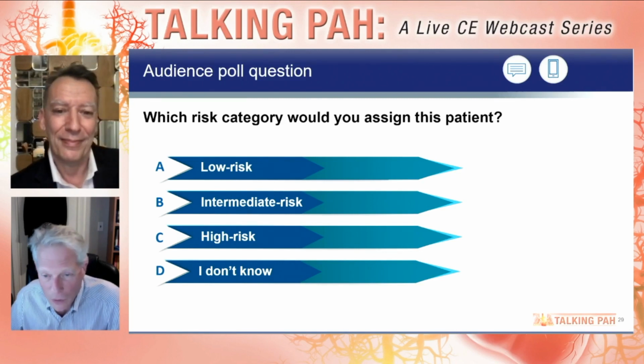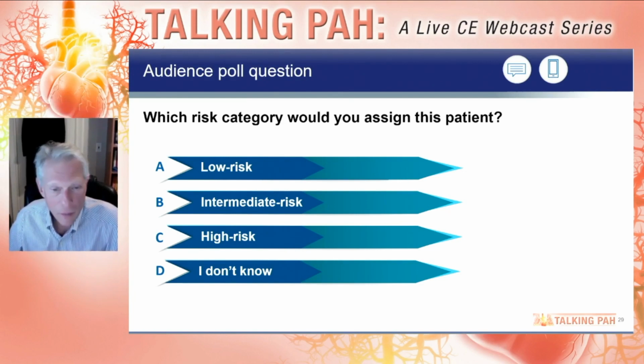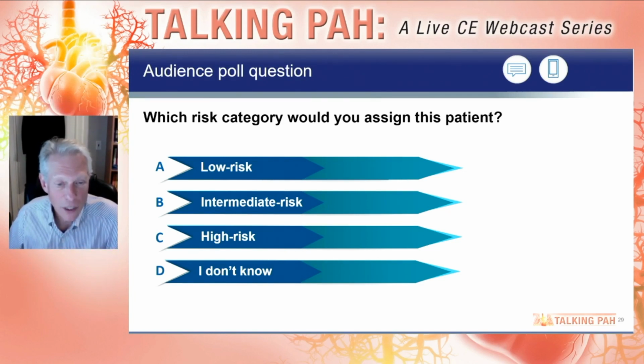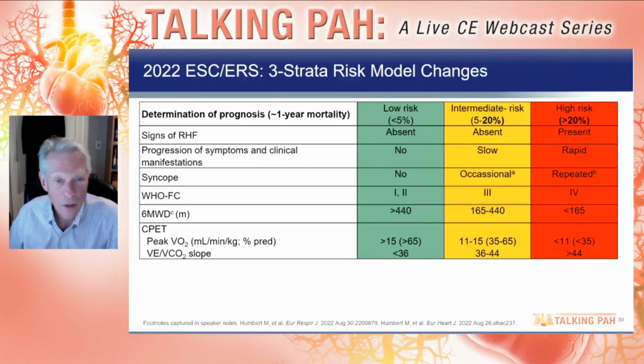So I think what's impressive for all of you is that it looks like many of you put this patient into an intermediate risk category, which gets to the point that Mark made, that very often, because of the strata, most patients end up in intermediate risk. And on that note, we can look at what the three-strata risk model includes. This is the original three-strata risk model.